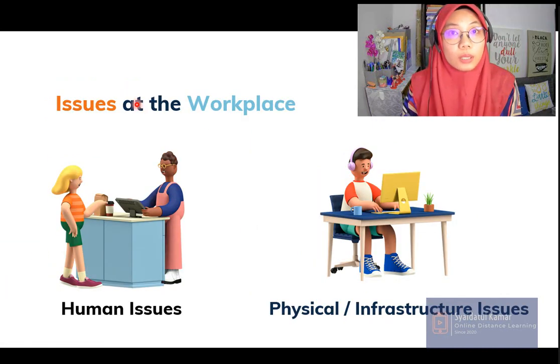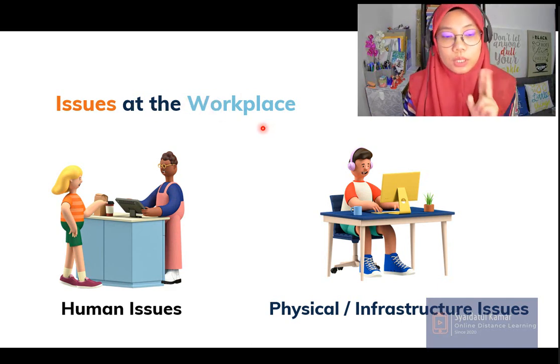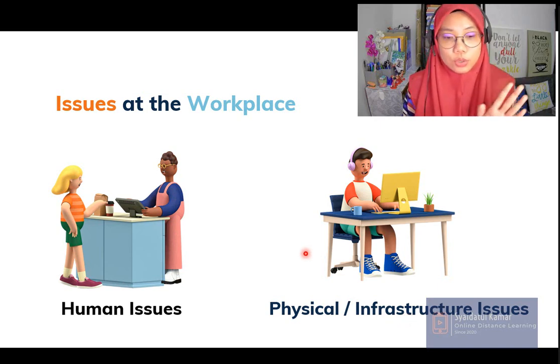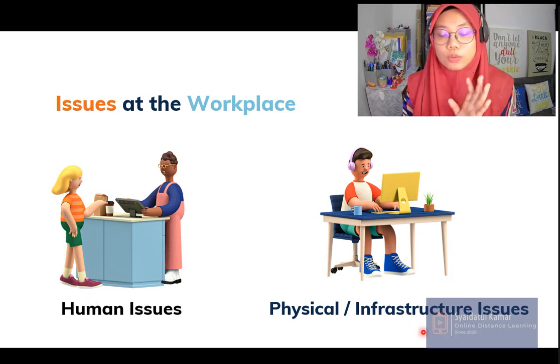Okay, so when you're talking about issues at the workplace, it can be divided into two. The first one is human issues, or you can choose issues related to physical or infrastructure issues. So what are the issues related to human and also issues related to infrastructure?